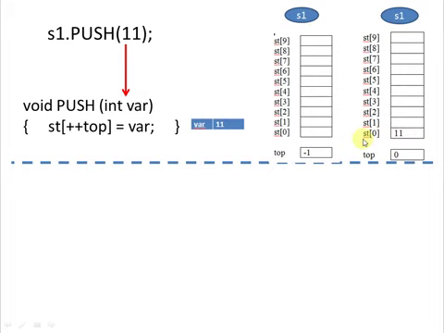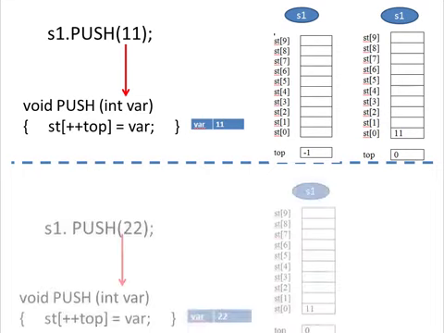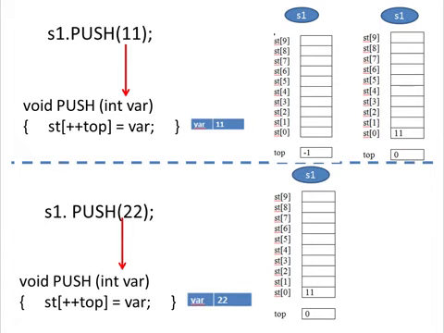Now if we store the next value into the stack, s1 dot push will be called again, and now it will send the value 22 to this operation. In push, var will store 22 in its memory.